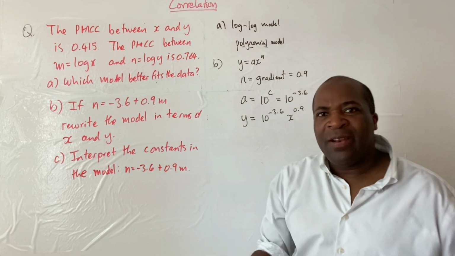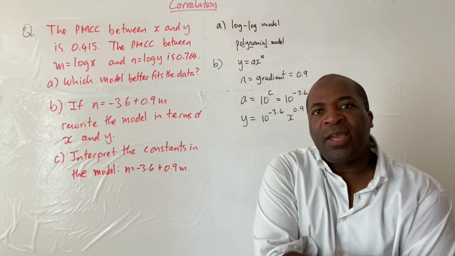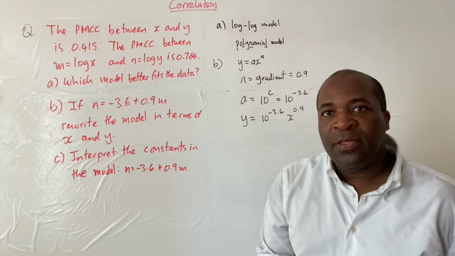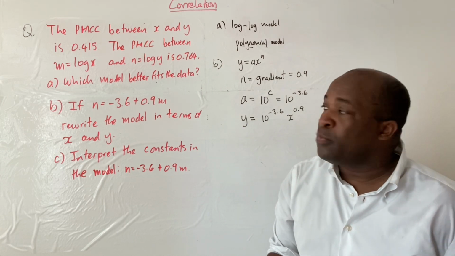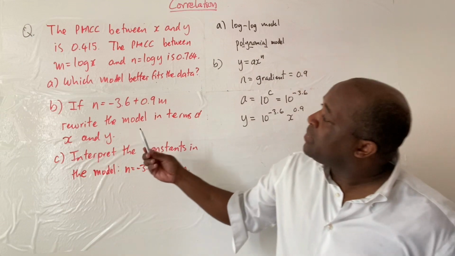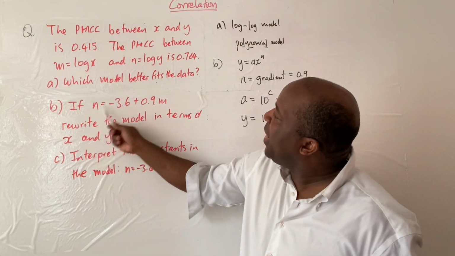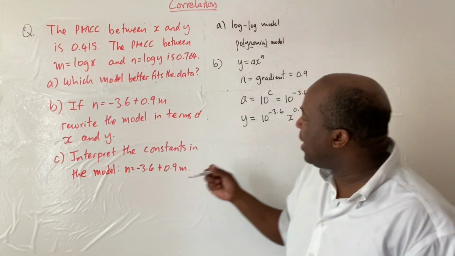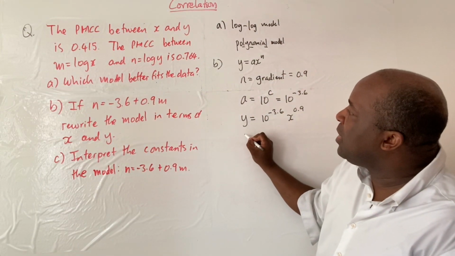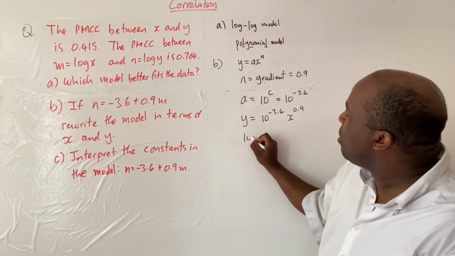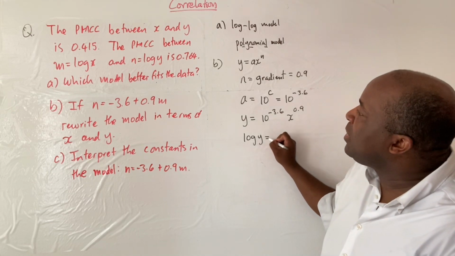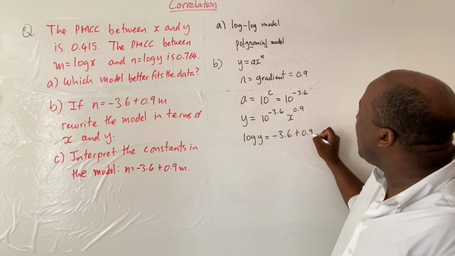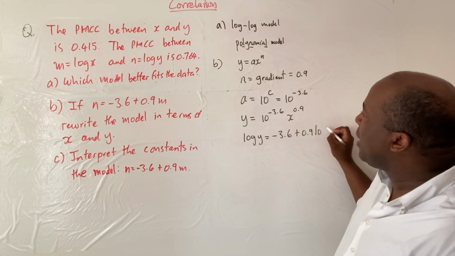Now, some of you might feel that, well, I'm not sure if I can remember all of that. Let me just try to develop it from a first principles approach. So from a first principles approach, what we would do is we would swap n with log y and swap m with log x. So we would say log y is equal to minus 3.6 plus 0.9 log x.